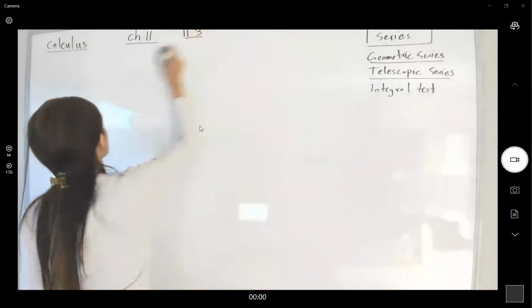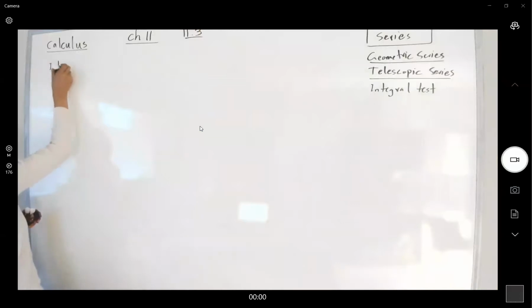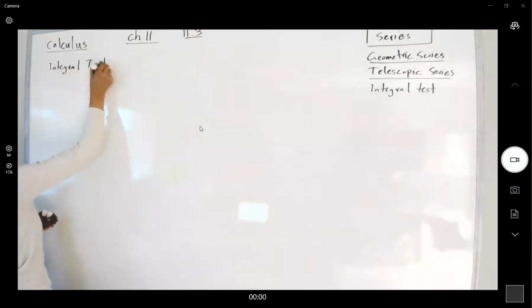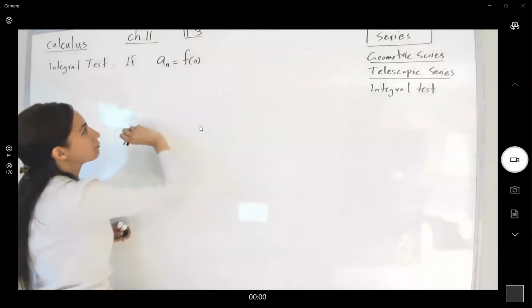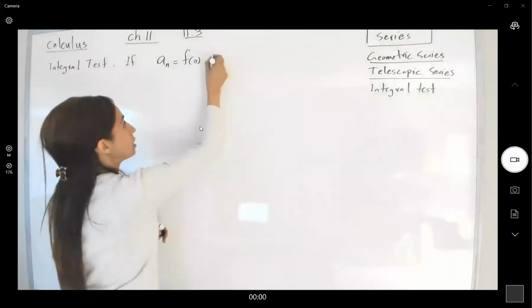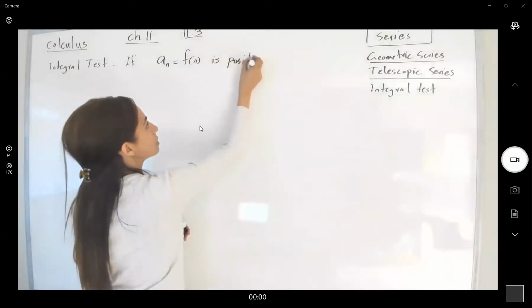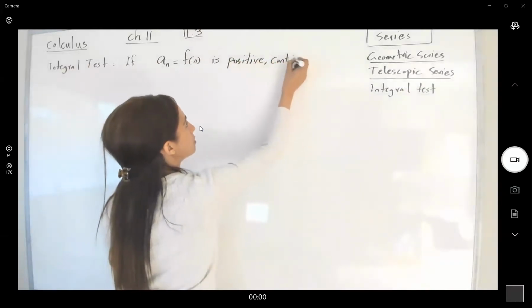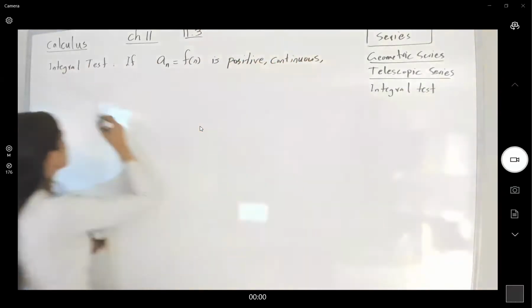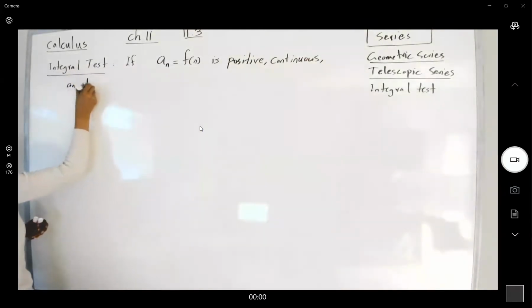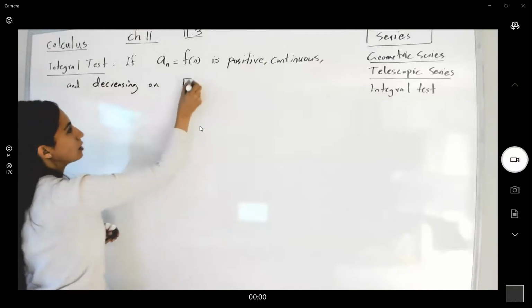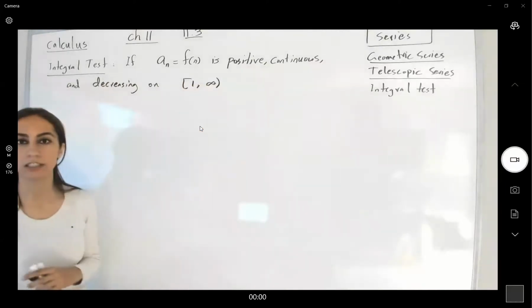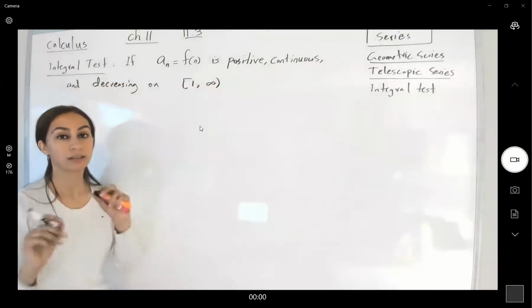The integral test says, if a sub n is a function, and this function is positive, continuous, and decreasing on 1 to positive infinity, then you can construct the integral.